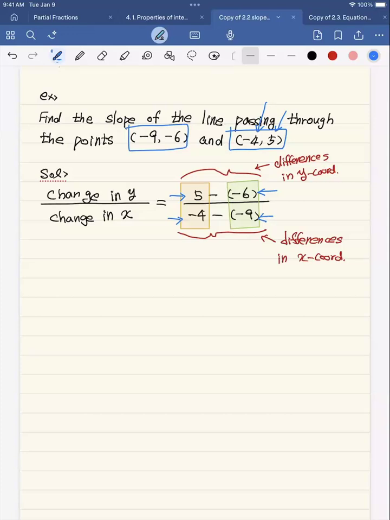And then we calculate the numerator and denominator separately. Then it'll be 5 plus 6 over -4 plus 9. So that'll be 11 over 5.